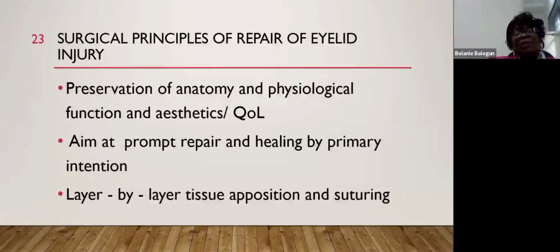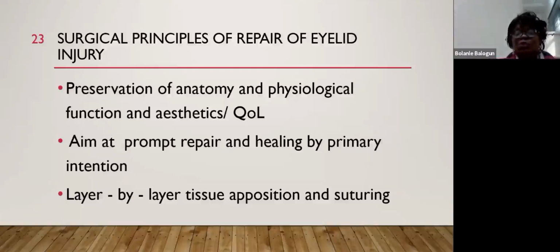And we also aim at prompt repair and healing by primary intention, because that way scarring will be reduced and functionality will be better restored. Layer by layer tissue apposition and suturing, that's basic principle for us.